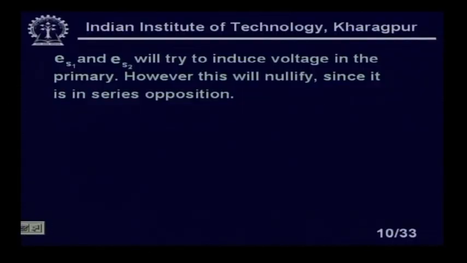Now see, ES1 and ES2 will try to induce voltage in the primary. However, this will nullify since it is in series opposition. What are ES1 and ES2? We have already seen. So, ES1 and ES2 will try to induce voltage in the primary, and this will nullify since it is in series opposition. Now, if I go back, you can see here, this is our basic equations.